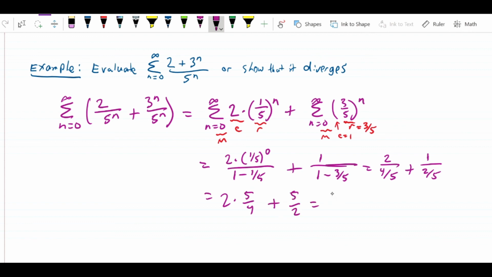That's going to be 10 fourths plus another 10 fourths. I believe that's right. Actually, it comes out a little nicer if I just say this is going to be 5 halves plus 5 halves, and that equals 5.